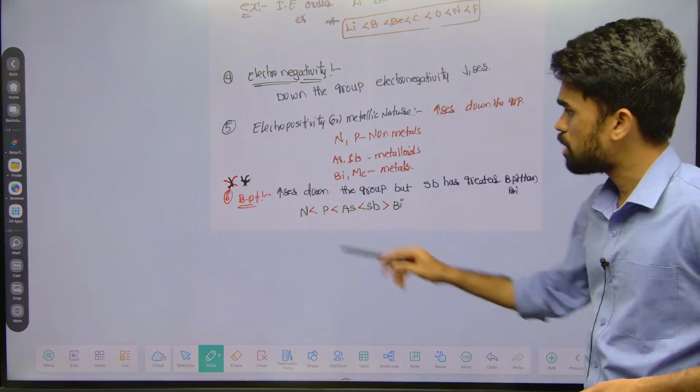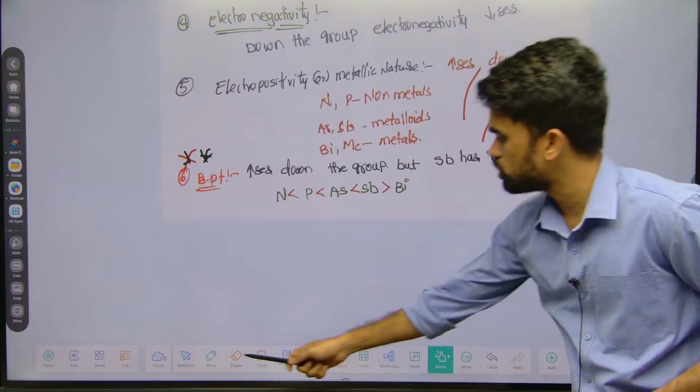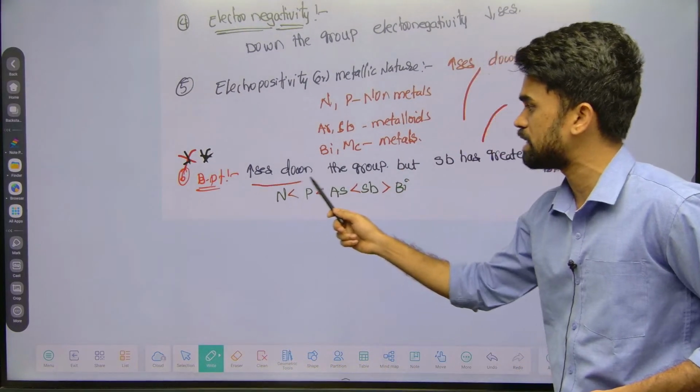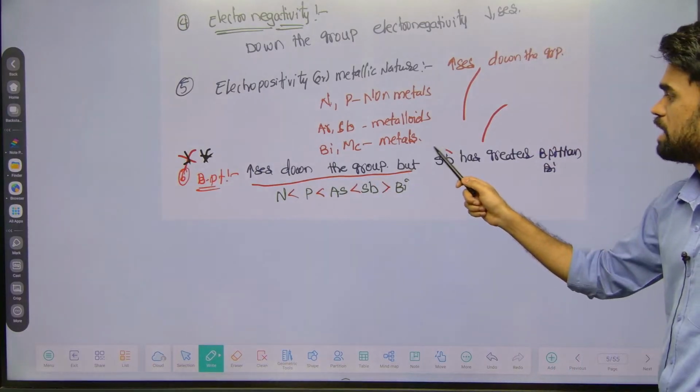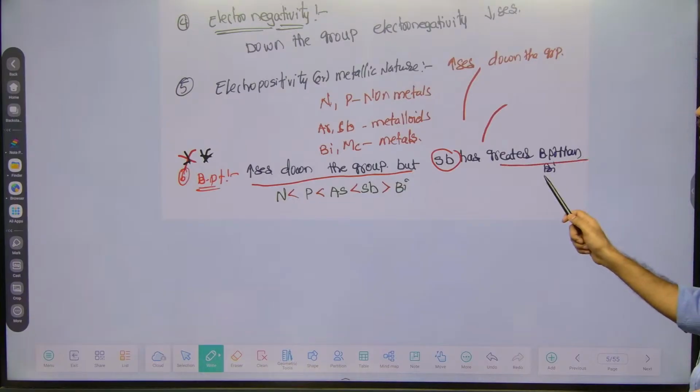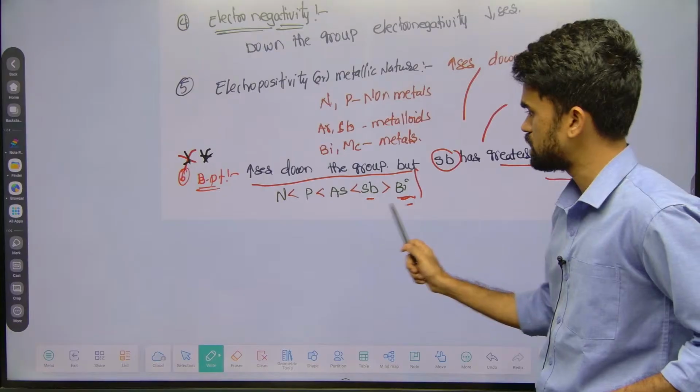What is happening to the boiling point? Check once. It increases down the group, because boiling point increases with increase in molecular weight. So it increases down the group, but antimony is greater than bismuth. So just change this order and write.